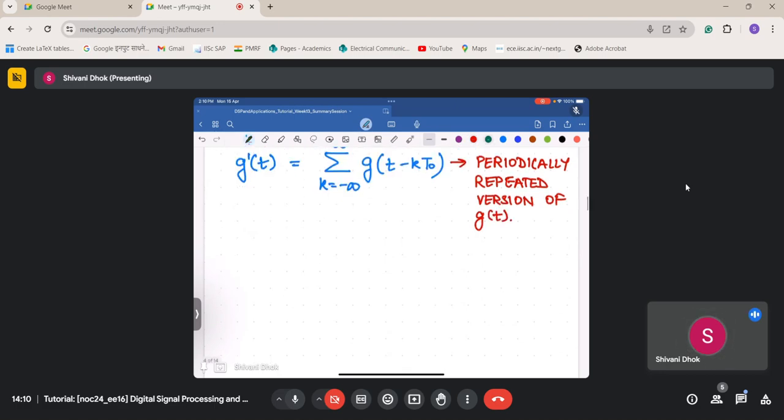Let's say that G prime of f is the continuous time Fourier transform, or CTFT, of g prime t.